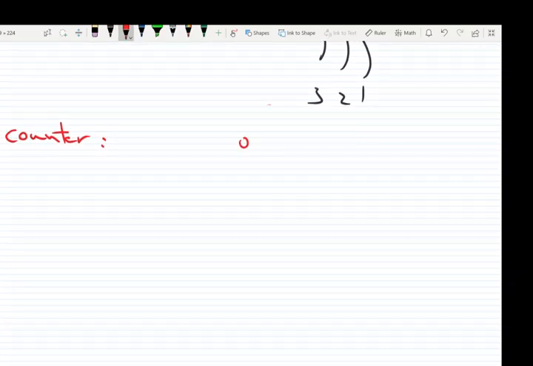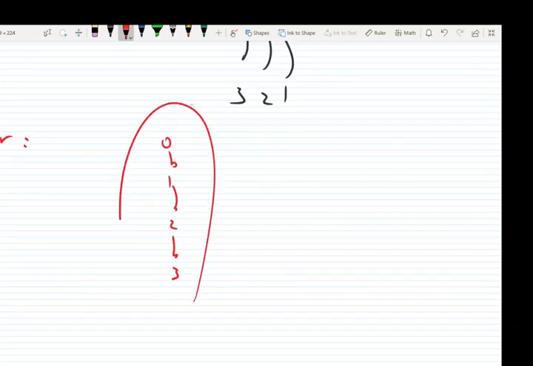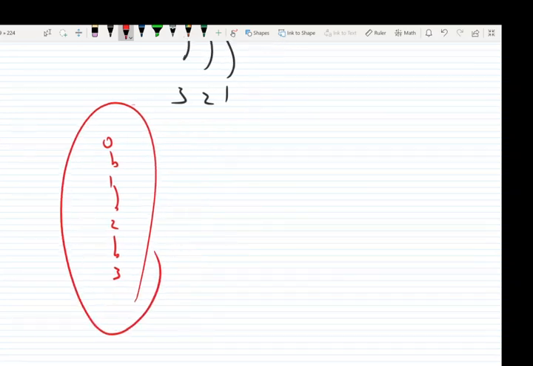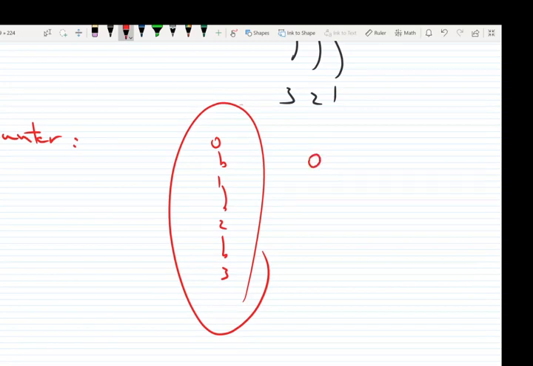So like 0 to 1, 1 to 2, 2 to 3. But one thing before we start the discussion about the counter: it doesn't have to count in this order. We can design a counter that counts from 0 to 5, from 5 to 8, from 8 to 2, from 2 to 6, and from 6 to 0. And then 5, 8, 2, 6, 0, 5, 8, 2, 6, 0. This is also a counter.